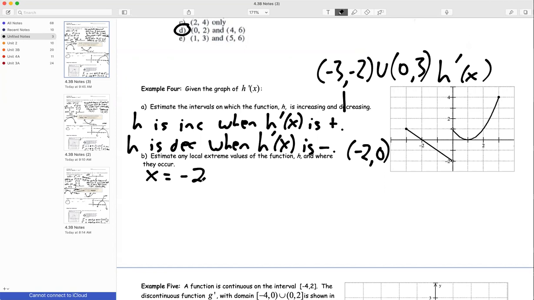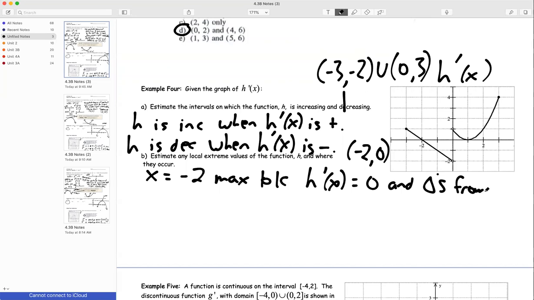At x equal to -2, it is a maximum. Why is this a maximum? My derivative, h prime of x, equals 0 and changes from positive to negative. So because this derivative graph is increasing and then after that it is decreasing, it must be a maximum.